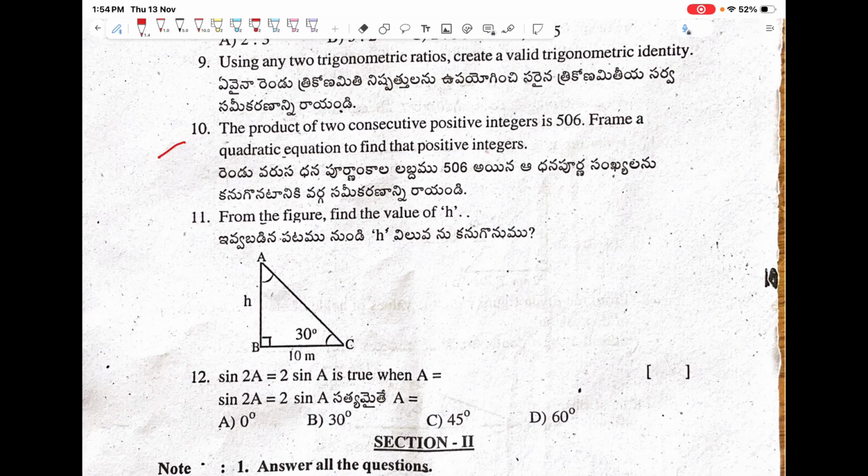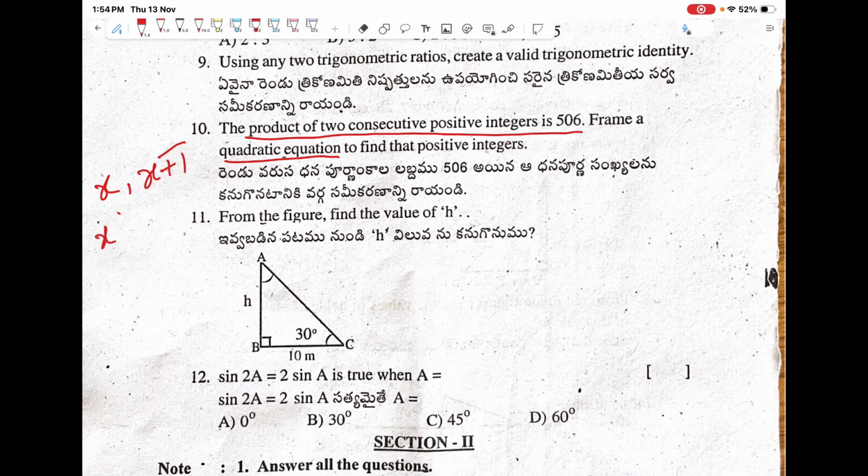You see, the product of two consecutive positive integers is 506. So frame a quadratic equation to find the positive integers. First, you take two consecutive integers. One is x, the consecutive of x is x plus 1. Then you have to frame a quadratic equation, as the product of these two consecutive integers is 506.